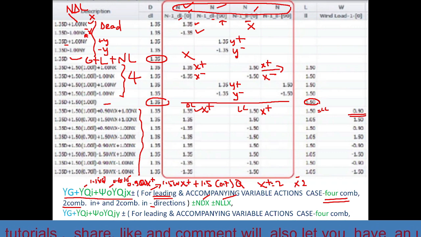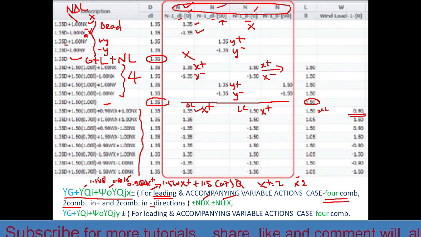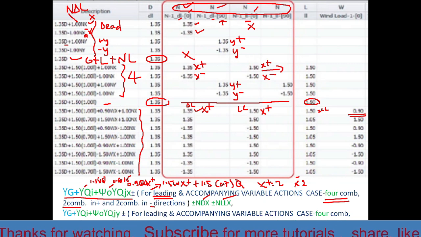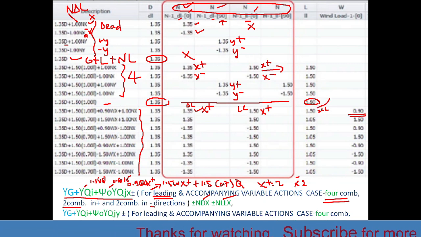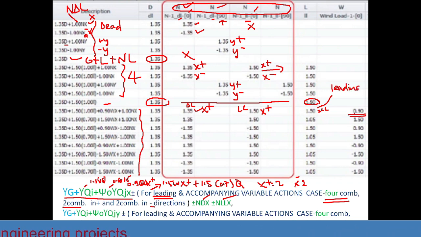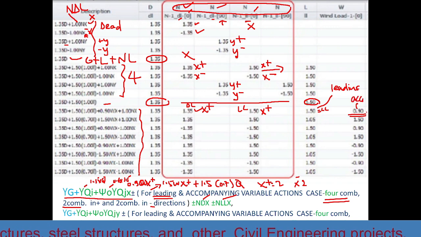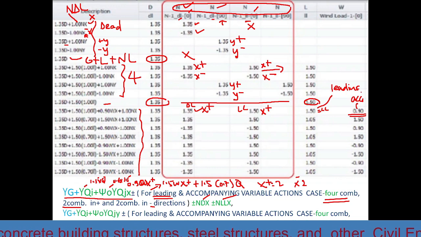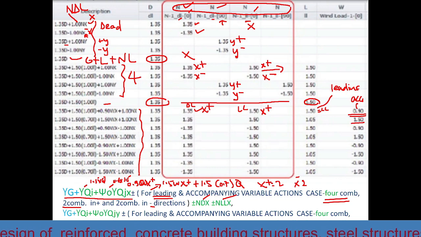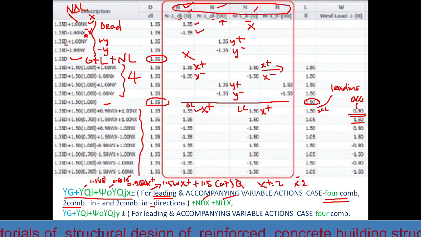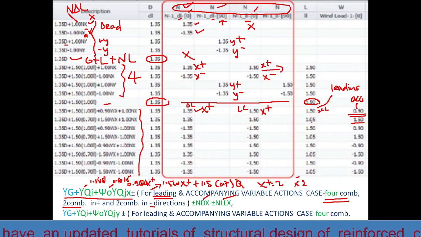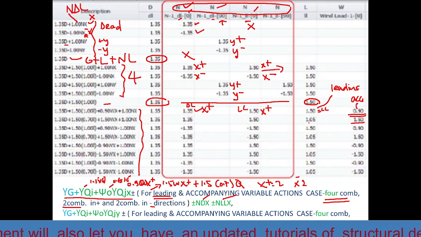In this case, the leading one is what? It is the floor live load. It is the leading one, and this is the accompanying one. So this is one of the combinations. And when the wind load is the leading one, it becomes 1.5 and it becomes 1.05.